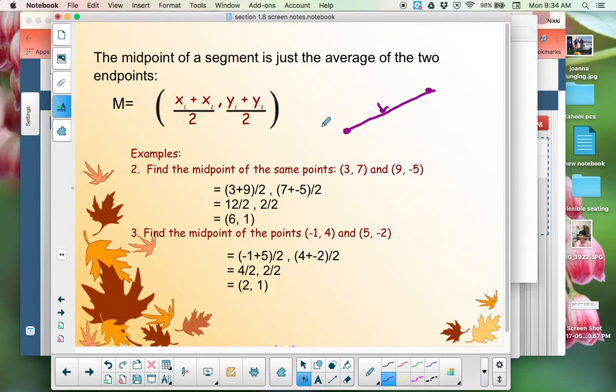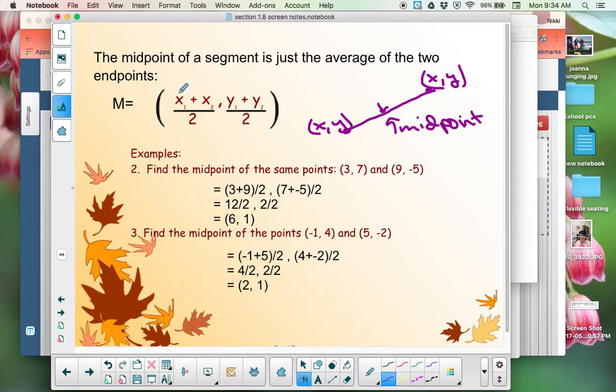So you have an x and y coordinate here, and you have an x and a y coordinate here. If you find the average of your x's by adding and dividing by 2, and find the average of your y's by adding and dividing by 2, that gives you the average point, or in this case, the midpoint is what we would call it.